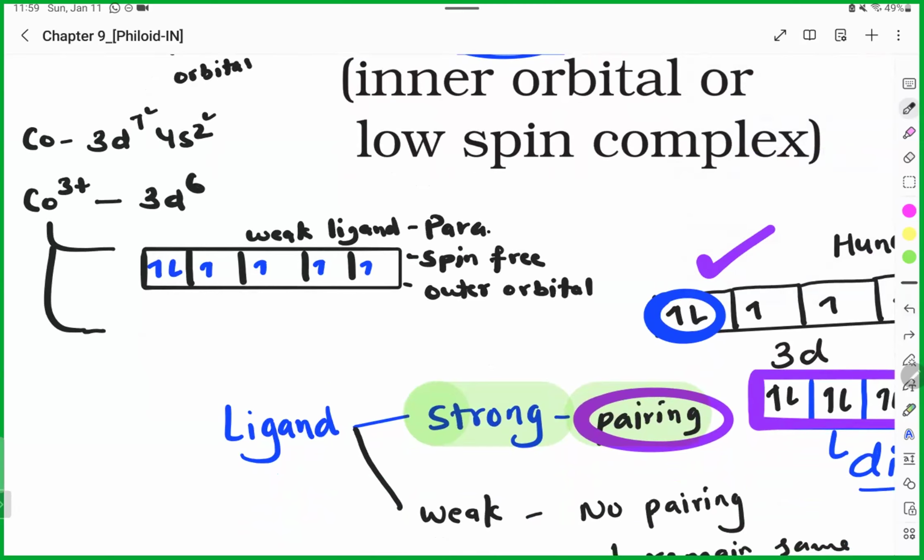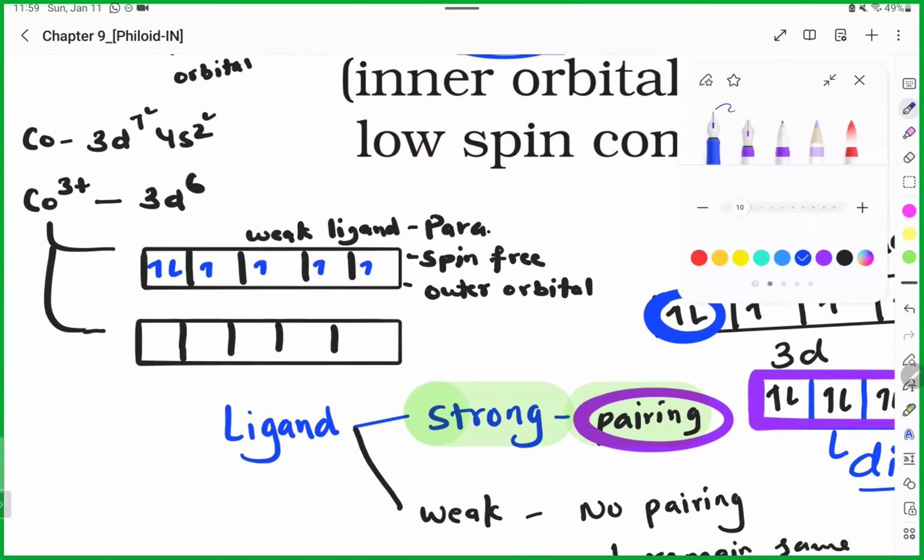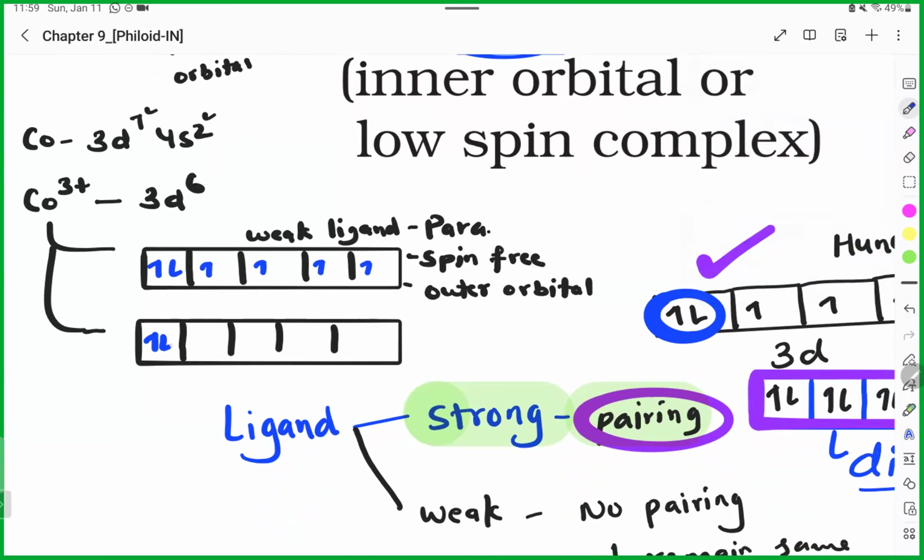Why is this happening? 1, 2, 3, 4. So what will happen? A strong ligand will cause pairing: 1, 2, 3, 4, 5, 6. This is because of the strong ligand. In this case all electrons are paired, no electron is free.